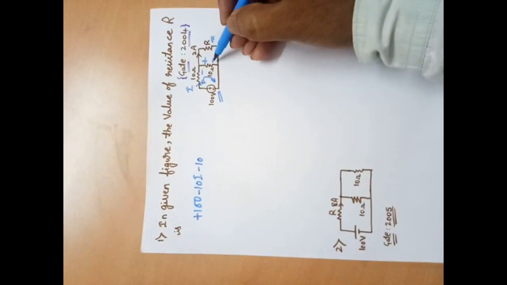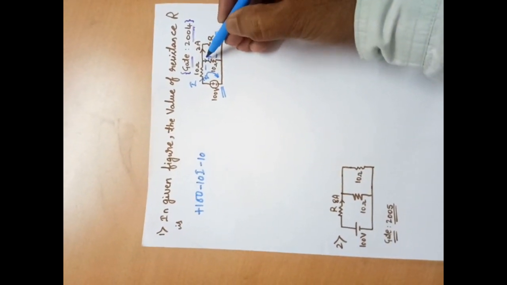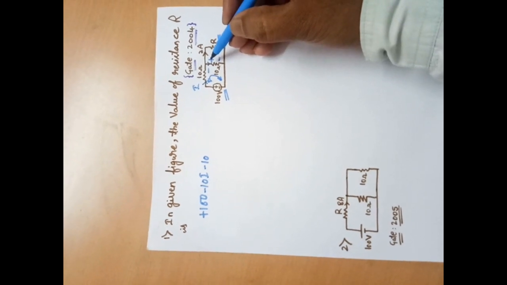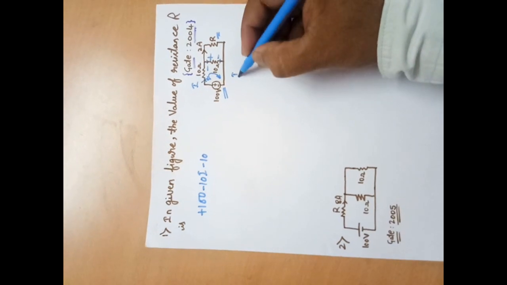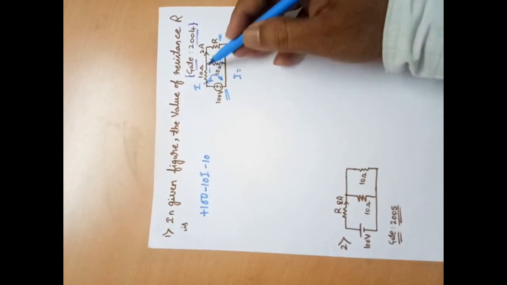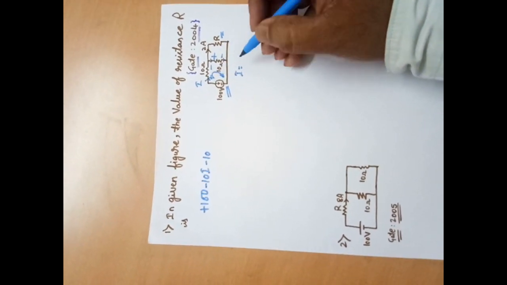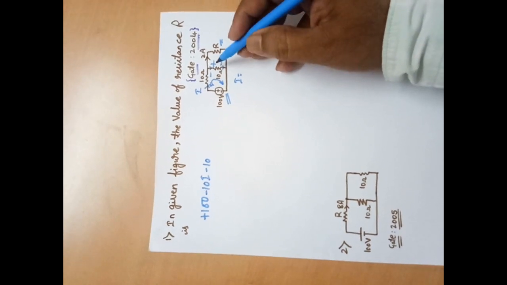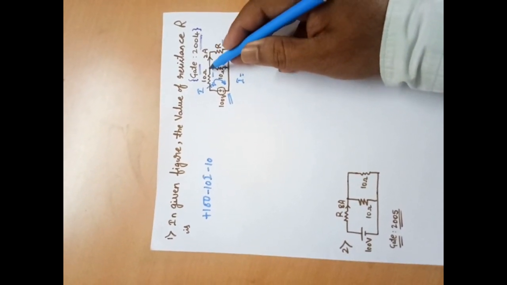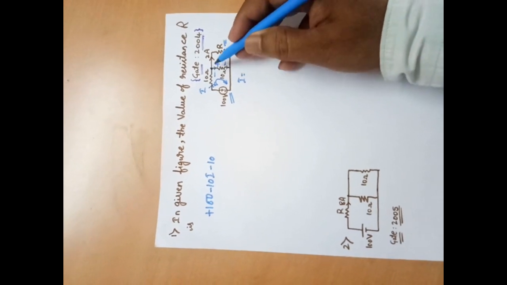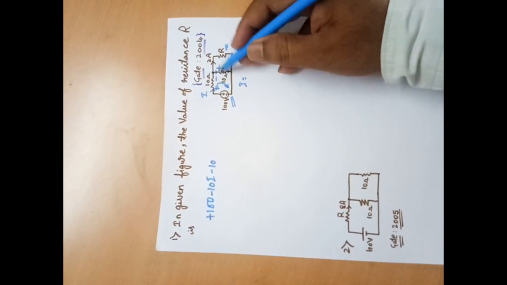But what is the current here? The current in this branch can be given according to KCL. According to KCL, the total current I is equal to the current in this branch plus the current in this branch, because this is the node. So the total current will be split into two currents.